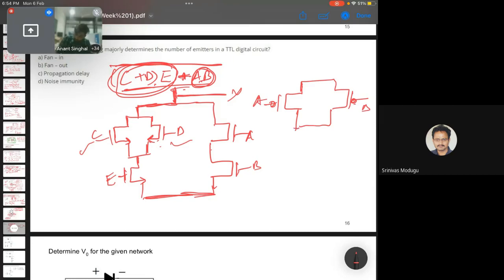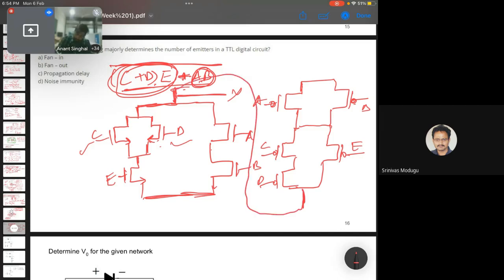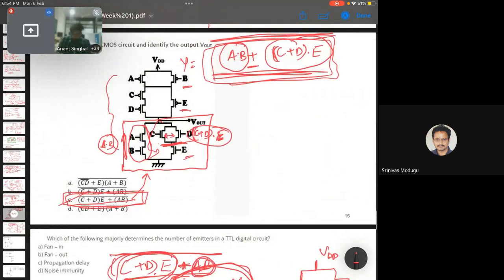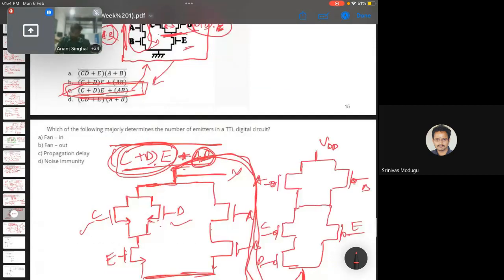Again C and D will be in series since it is a PMOS, and then it is in parallel with E. Once we connect this to here, I hope you get it. I don't have enough space, so I'm writing it here, and once you apply the VDD here, this will be the final circuit that you will be getting from the question. So this is the same circuit as you can see. You can solve both ways: either from the circuit you can get the equation, or from the equation you can make the circuit out of it.